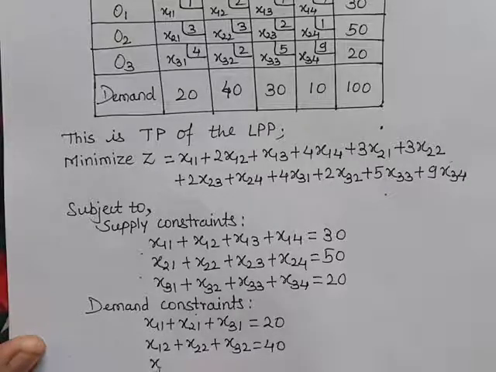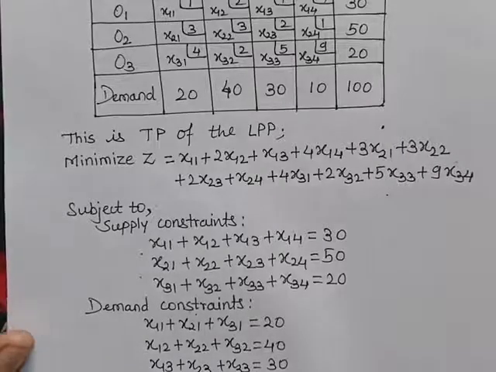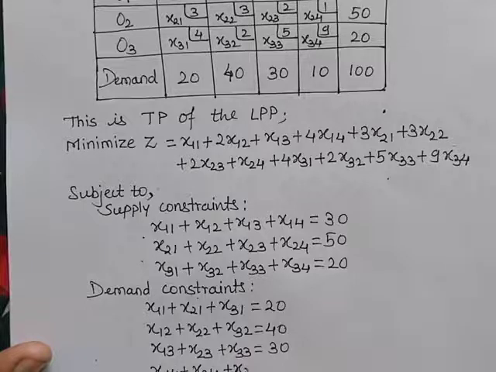Again x13 plus x23 plus x33 equal to 30. And last one, x14 plus x24 plus x34 is equal to what? 10.